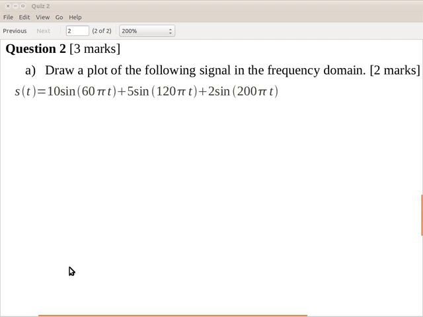What about 200? F2 is 60. The frequency of the second component, same approach. Simply 120 divided by 2 in this case, 60 hertz. And the last one will be 100 hertz.